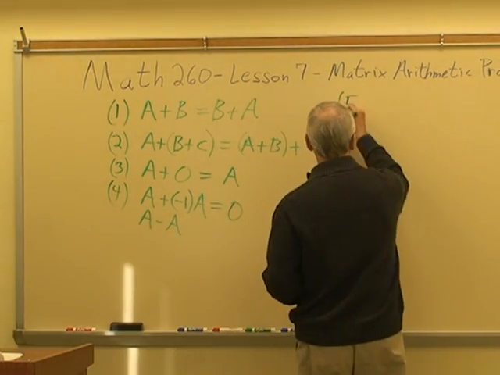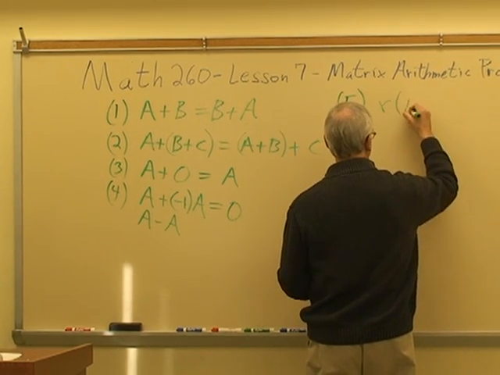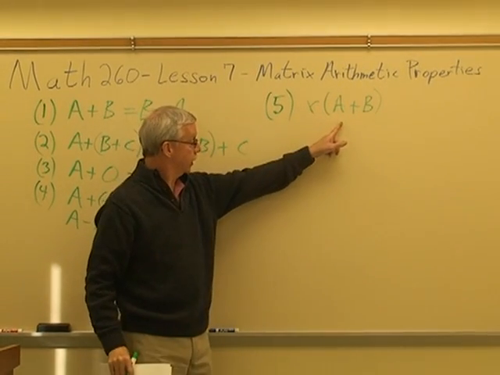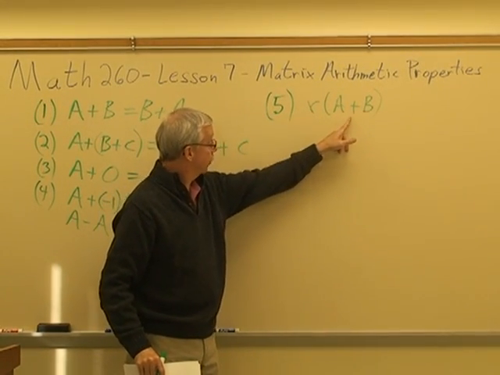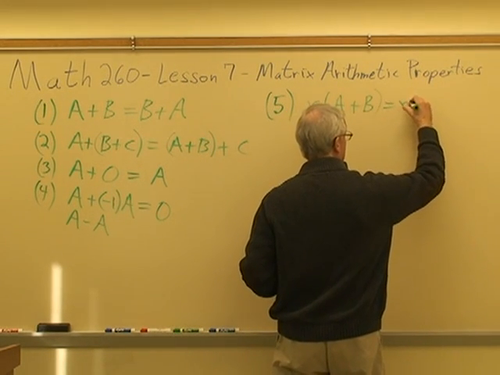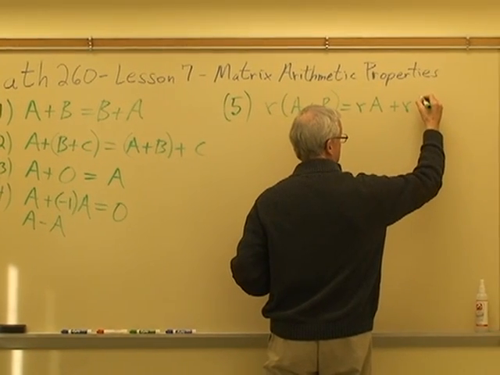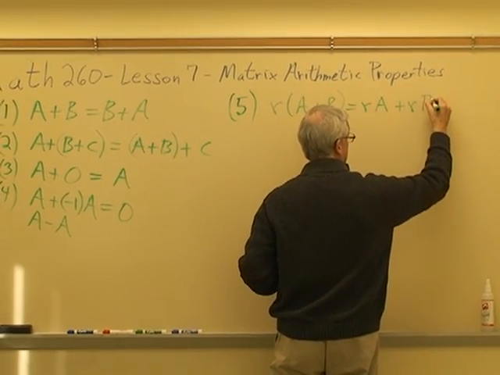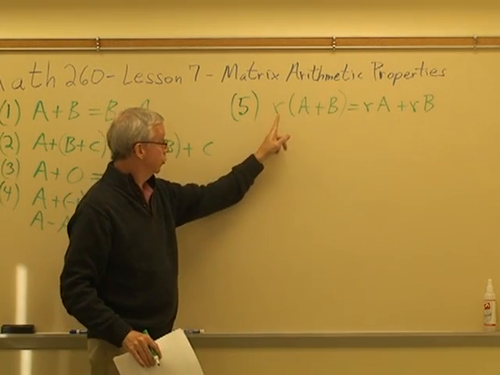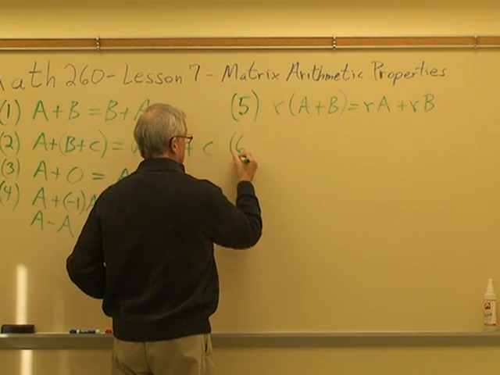Just to maintain compatibility with the book, if I add two matrices, take that answer matrix and multiply it by a scalar, I get the same result as if I multiply each matrix by the scalar and add the two results. So scalar multiplication distributes over matrix addition.